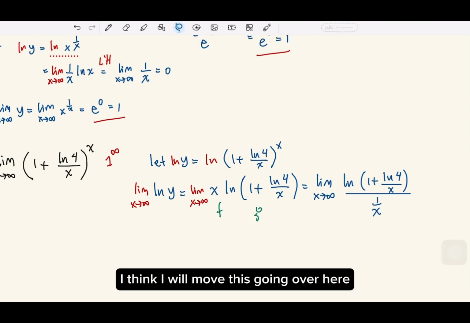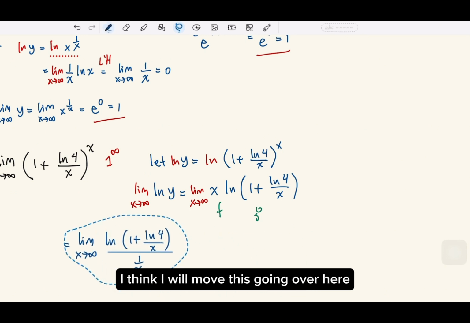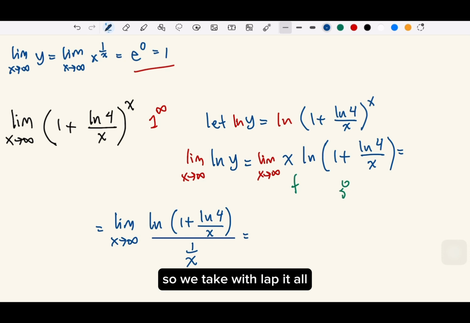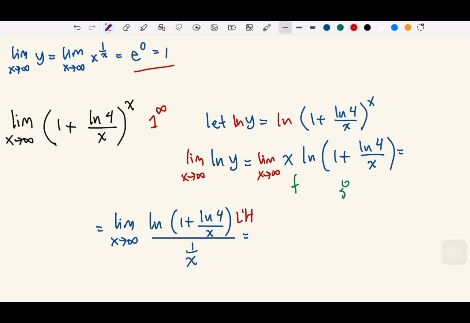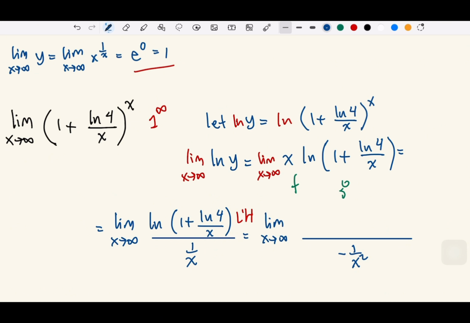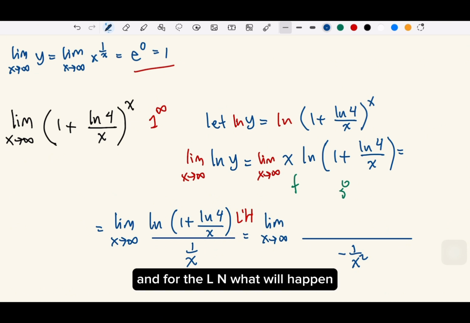I think I will move this over here. So we take L'Hopital. For the denominator, this will be negative 1 over x squared. And for the ln, what will happen? It's a little bit messy.